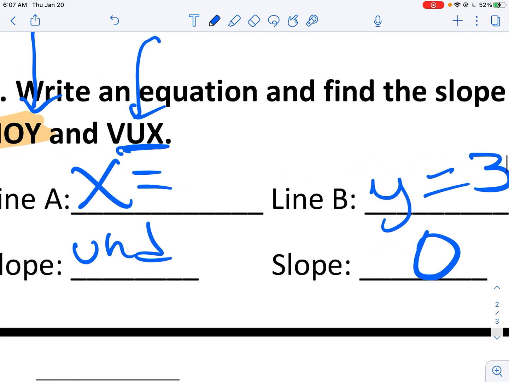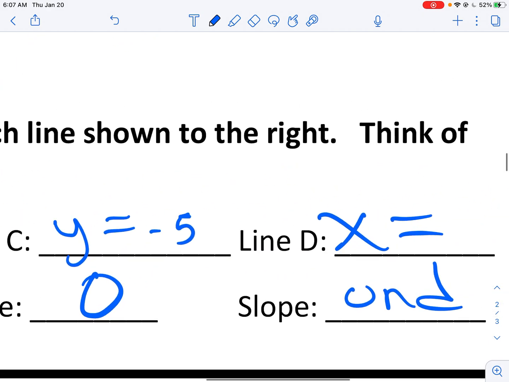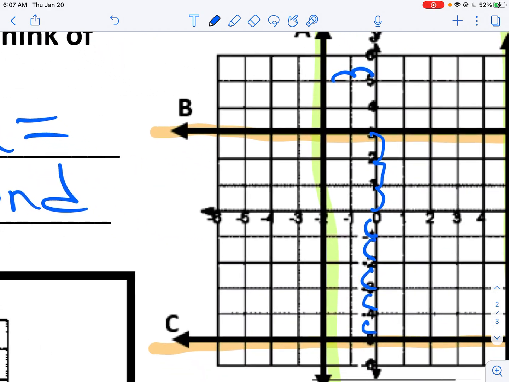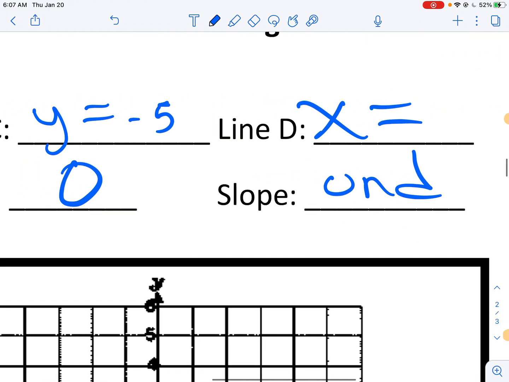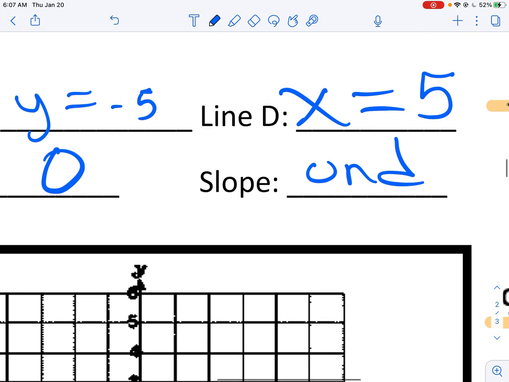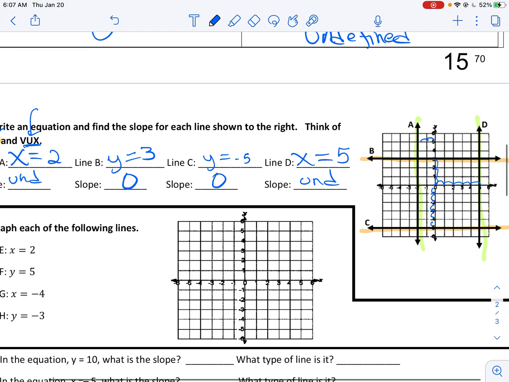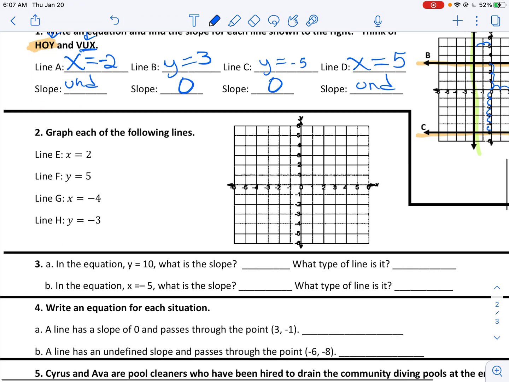So this one is 2. And if I want D, I go over 1, 2, 3, 4, 5. I'm sorry, but this would be -2. Sorry about that.